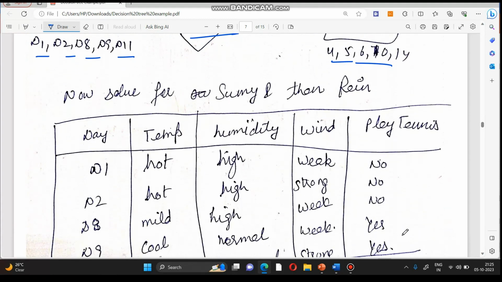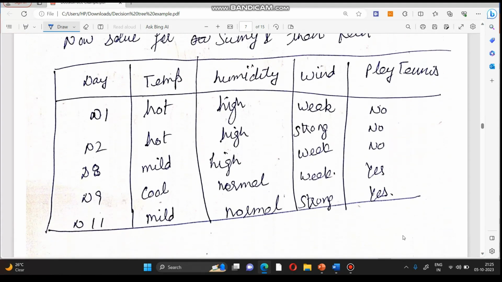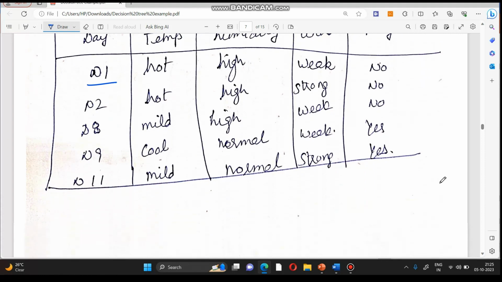When we talk of sunny, these values are to be taken, but not overcast, because overcast has already been declared as a solution. So here we will pick these rows with these columns. Now the problem has become shortened because we are building up a subtree for this.